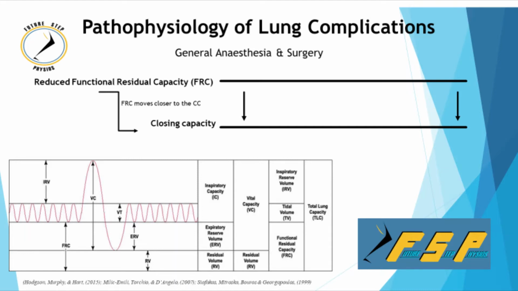Therefore, less air is expired with each breath, leading to reduced expiratory pressures and less shearing of mucus in the lungs. This also leads to air trapping in the lungs, meaning that over time, we also have less inspiratory air coming in, causing atelectasis. There are also implications for this in obese patients with a BMI over 30, where there are increased risks of having a reduced FRC given the increased demands on the mechanical muscles used for breathing.